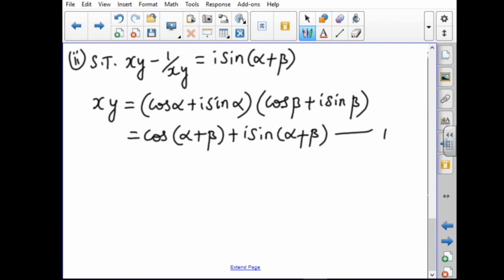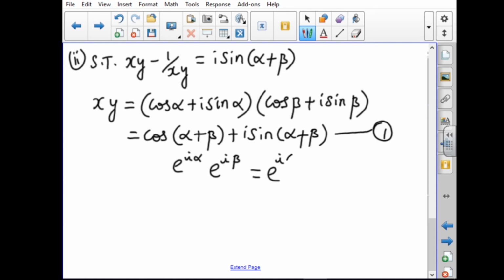Take this as equation number 1. Here students, we can also use the Euler form to find this. For this you can write e power i alpha, and for this e power i beta. When you multiply two exponential terms with the same base, the powers should be added.